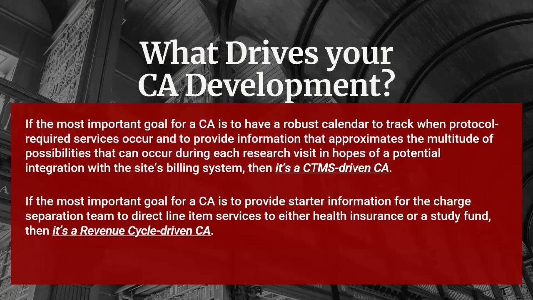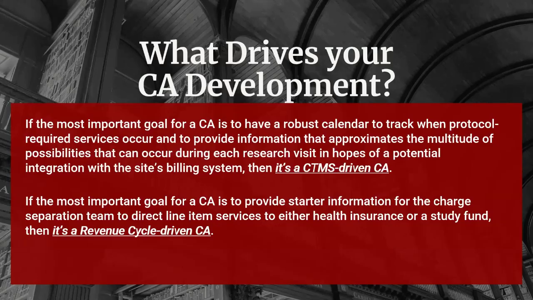One of the things that we've found in trying to make this distinction between a CTMS-driven CA and a revenue cycle-driven CA is that many organizations, once they realize that these are two very different approaches, often develop a hybrid.